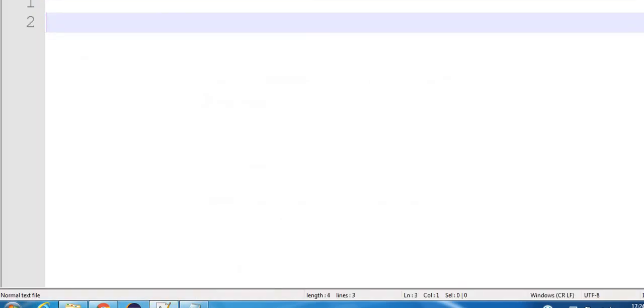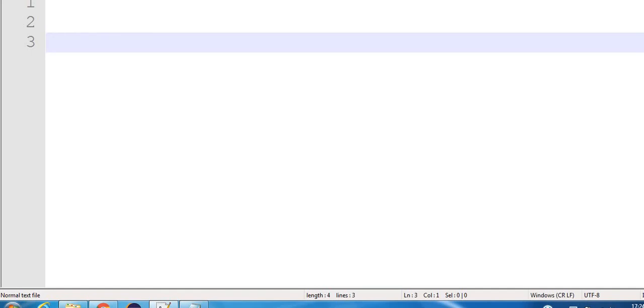Probability is equal to the total number of successful outcomes by the total number of outcomes.